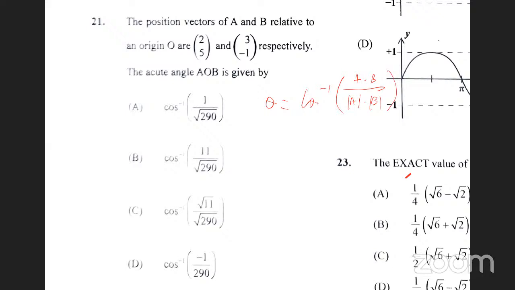So multiply the vectors and then find the magnitudes. You know the trick.